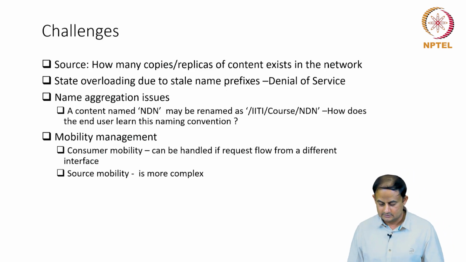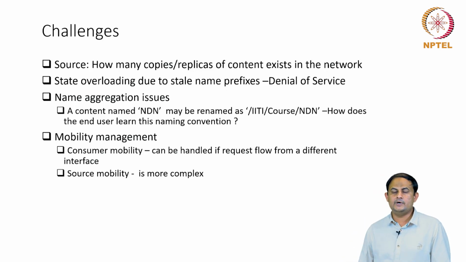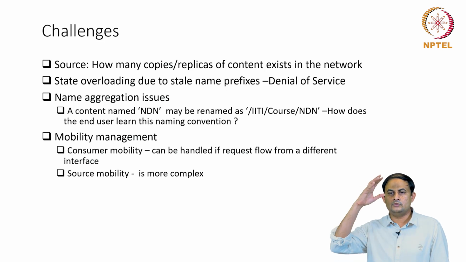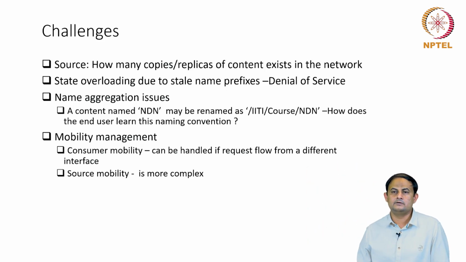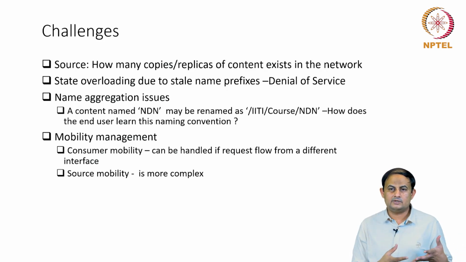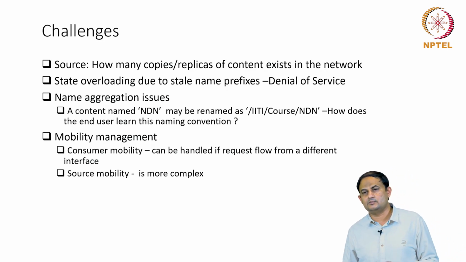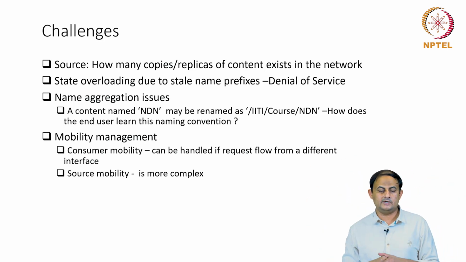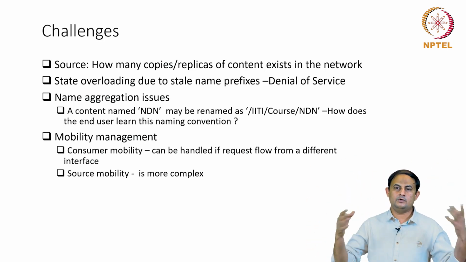For example, for some YouTube channels, the billing is done based on the number of users who watch that video content. How much revenue the content generator would get is based on the number of users. If the source itself loses that control, in this case Google itself loses control over how many consumers actually consume this content, because the content itself is cached among many routers, and they distribute the content without telling the source.